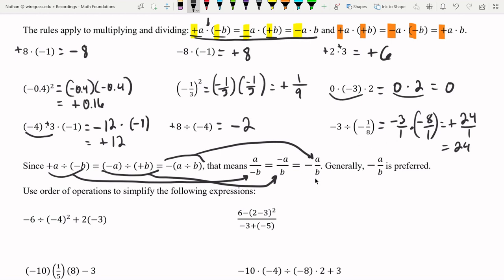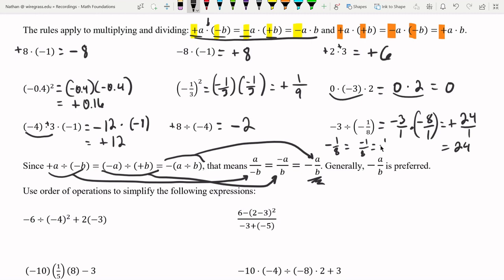Typically, we like to write it this way because that tends to be the easiest to work with. But I also will write it like this, where I have the negative in the numerator. The negative in the denominator is really not desirable. So what that means here is that I could have written negative 1/8 as negative 1 over 8.